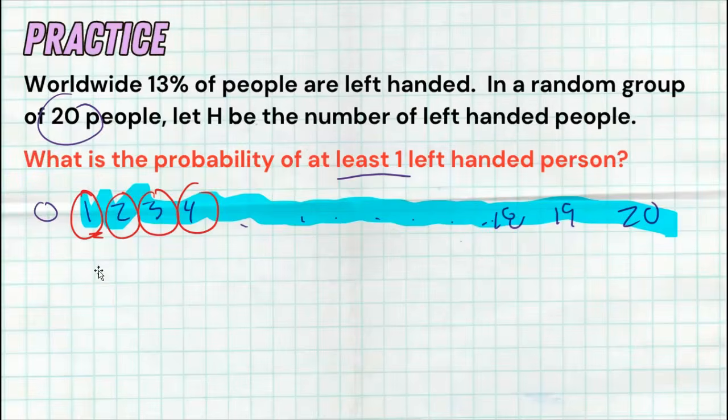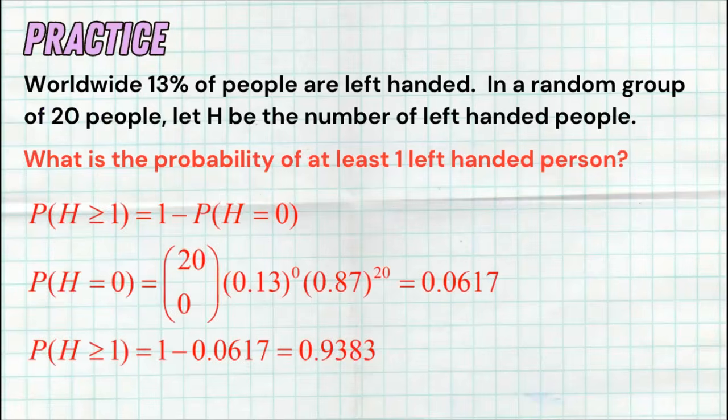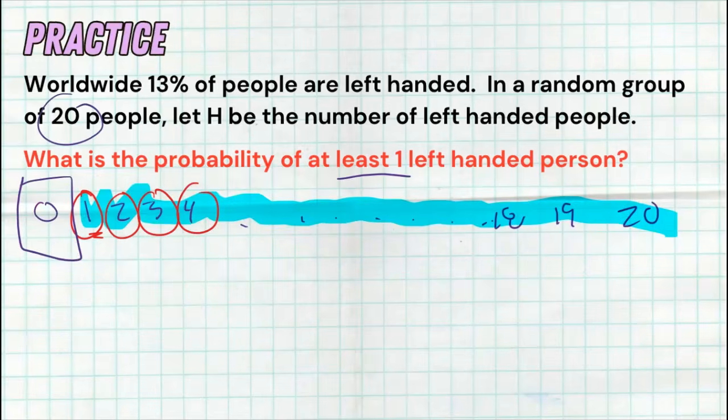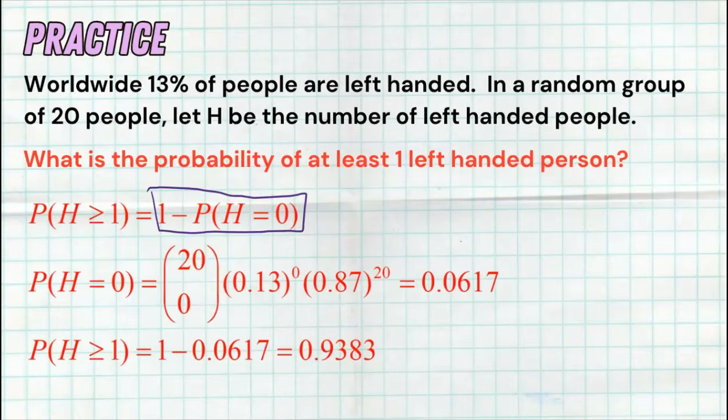But there's an easier way. The only outcome I don't want to happen is 0. So if I find the probability of 0 and then do 1 minus that probability, I'll get everything else. Again, I want 1 all the way up to 20. So if I just find 0 and then do 1 minus 0, I will find the probability very, very quickly.